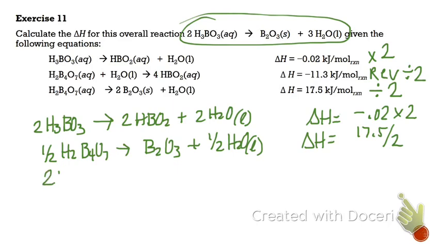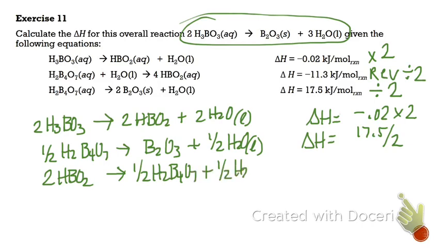So I should get 2HBO2 going to half H2B4O7 plus half a water. So now that delta H is a positive 11.3 divided by 2.